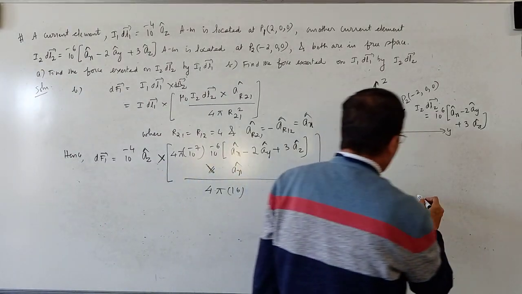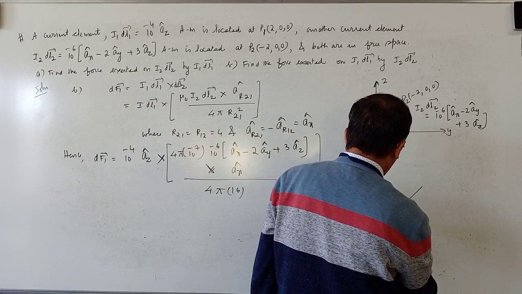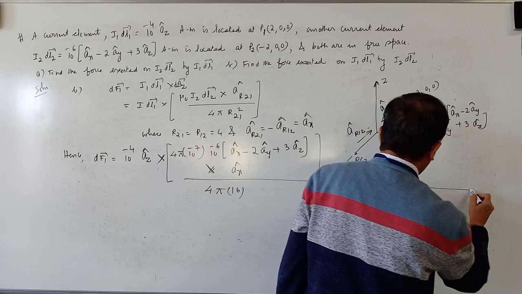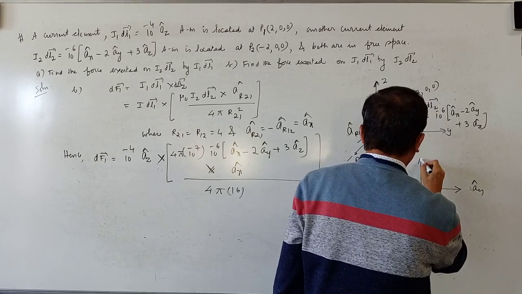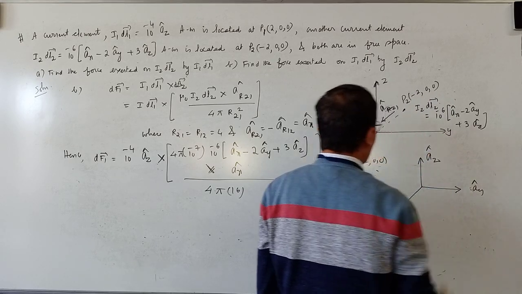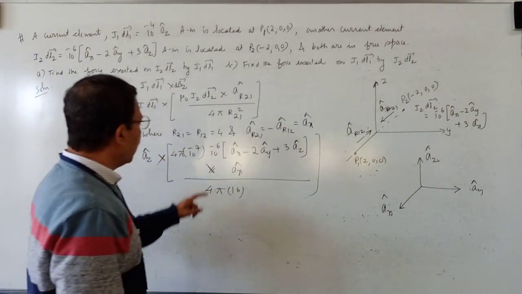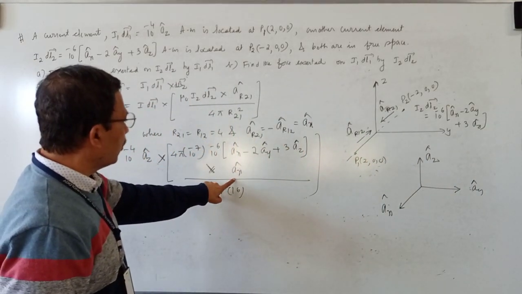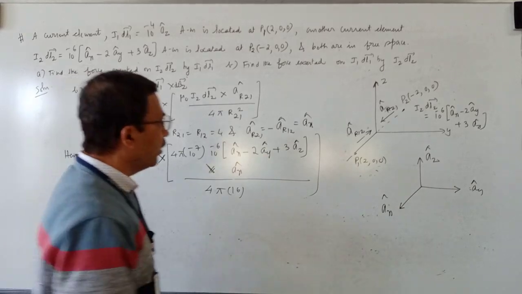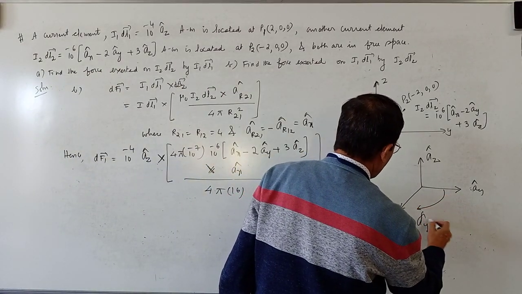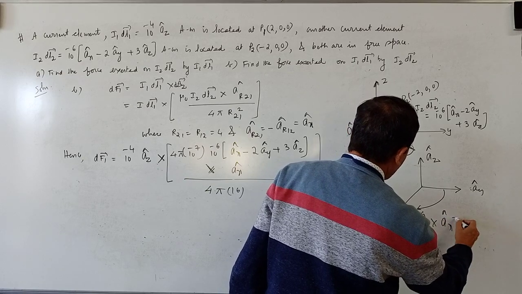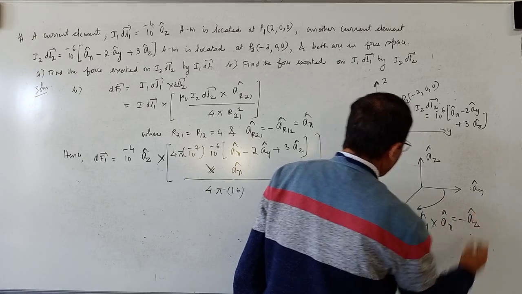So let me draw three orthogonal unit vectors: AX cap, AY cap, and AZ cap. These are three mutually orthogonal vectors. So what is AX cap cross AX cap? 0. What is AY cap cross AX cap? AY cap cross AX cap is equal to minus AZ cap.